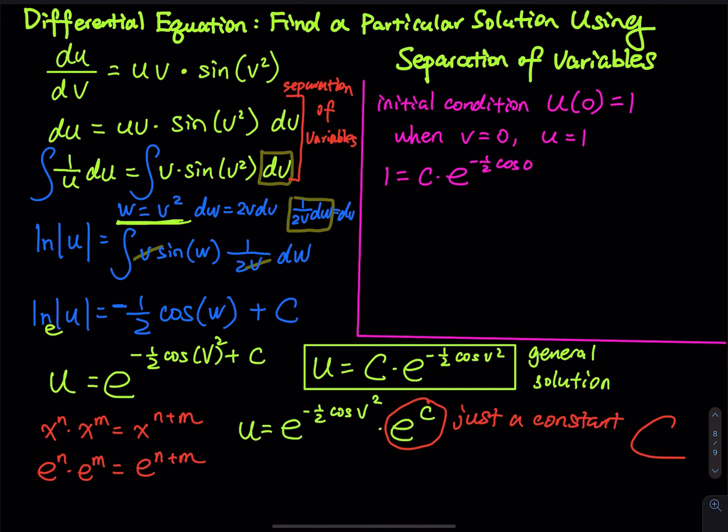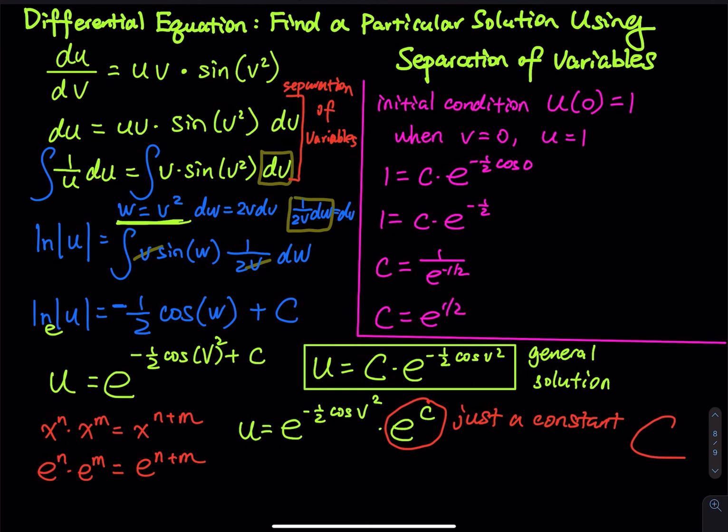Cosine of 0 equals 1, so e to the negative 1/2 times 1. You divide both sides by the e, so C equals 1 divided by e to the negative 1/2. This is a negative exponent, right? To get rid of the negative exponent, all you have to do is put the entire term back to the top. That means you do a reciprocal. So C equals e to the positive 1/2, and this is your constant.